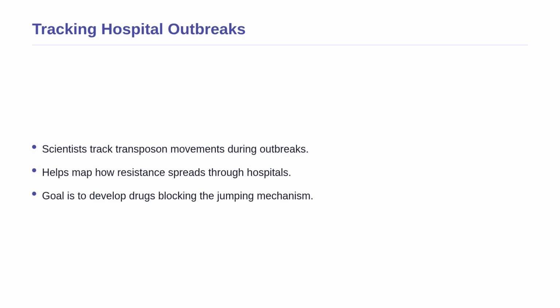The ultimate goal of this research is to develop entirely new classes of drugs. Instead of just trying to kill the bacteria, future medicines might be designed to block the transposase enzyme entirely, shutting down the jumping mechanism and stopping the spread of antibiotic resistance at its source.